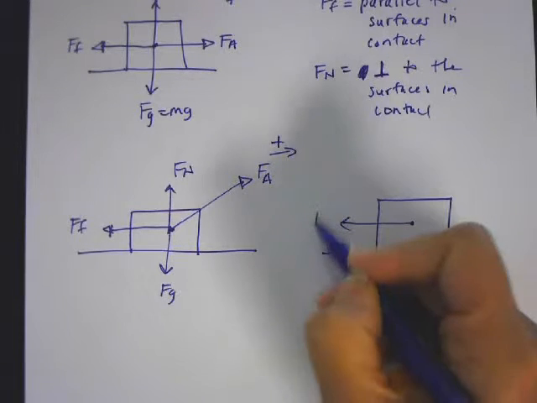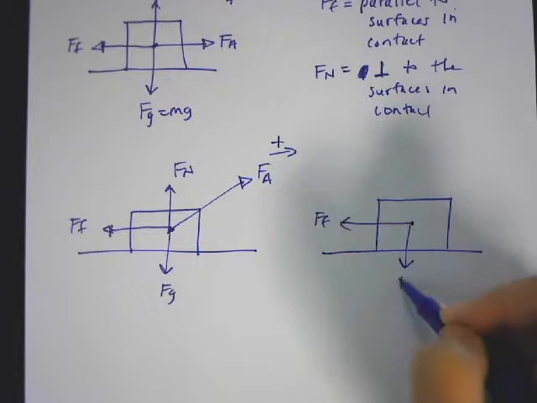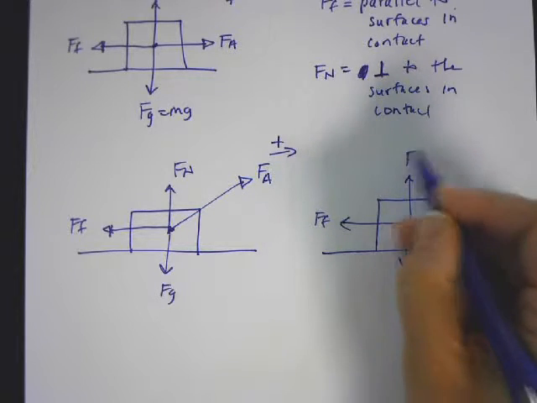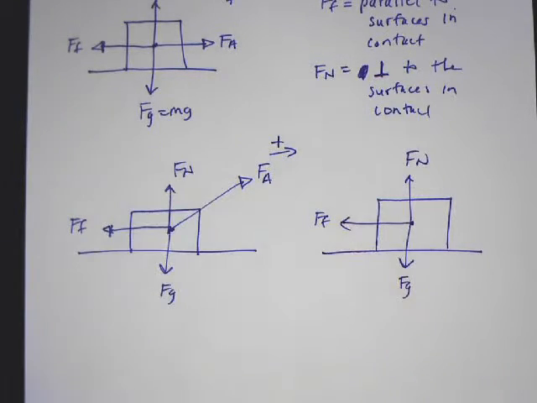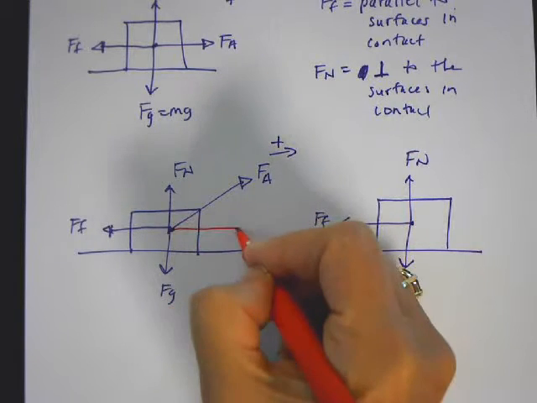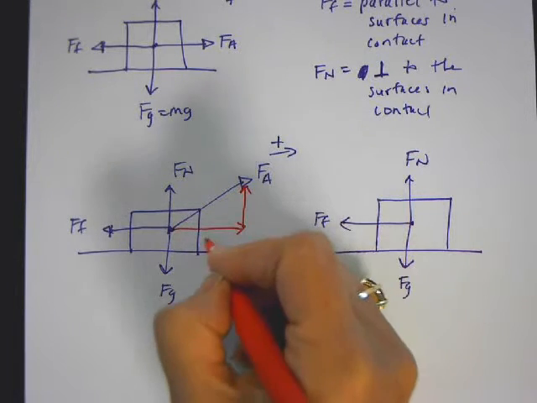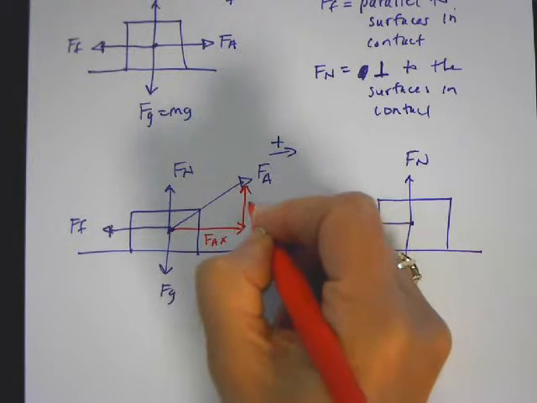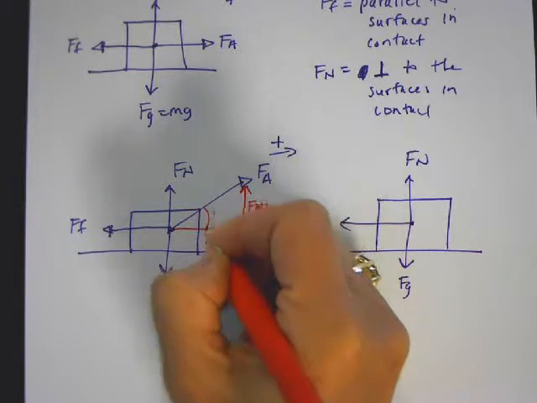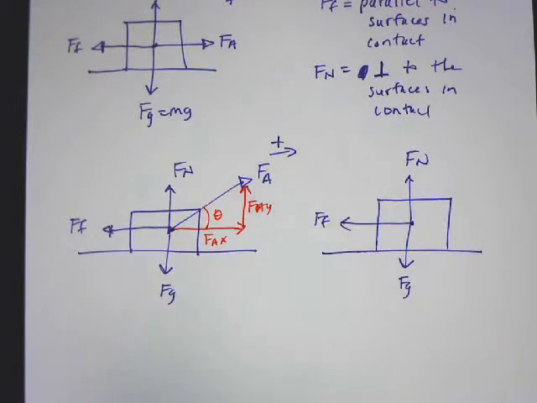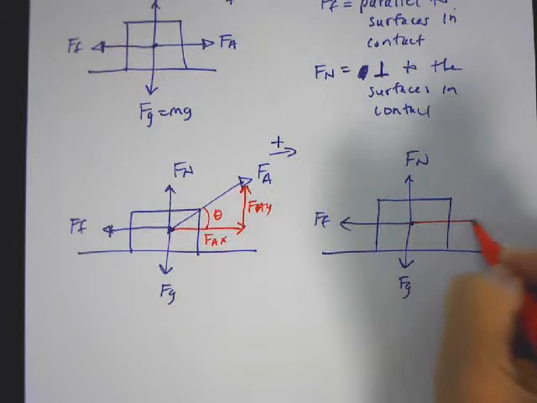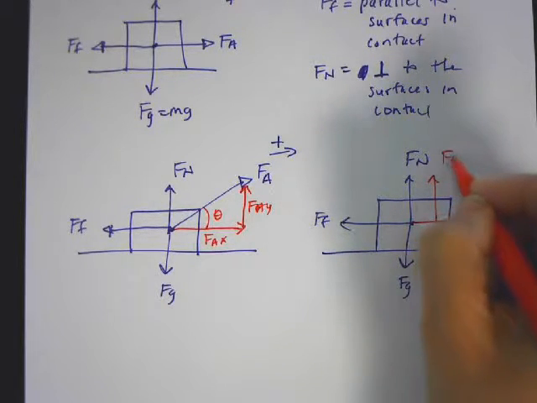So I'm still going to have my weight, my normal force, but instead of my applied force like this, I'm going to find my components like this, FAX and FAY, and then they would tell me this angle theta. So I would replace FA, and I'm going to have here FAX, and then FAY.